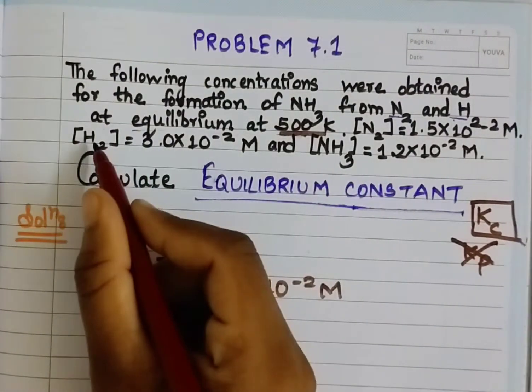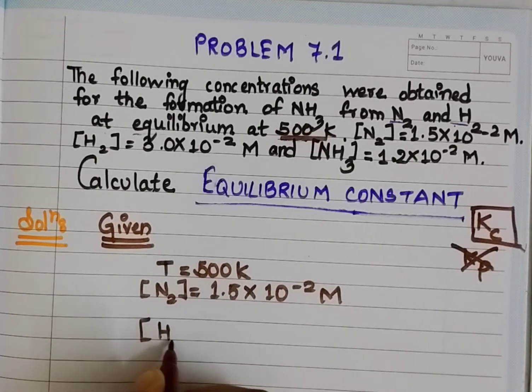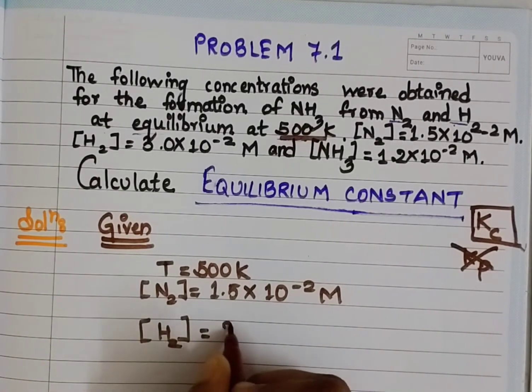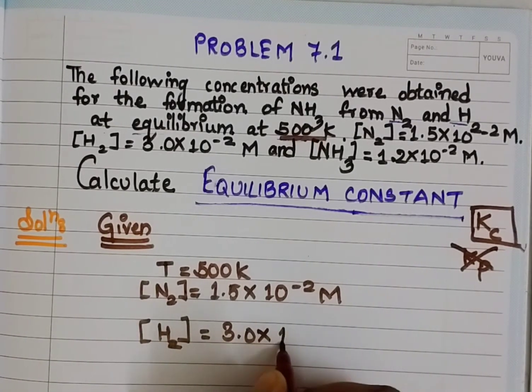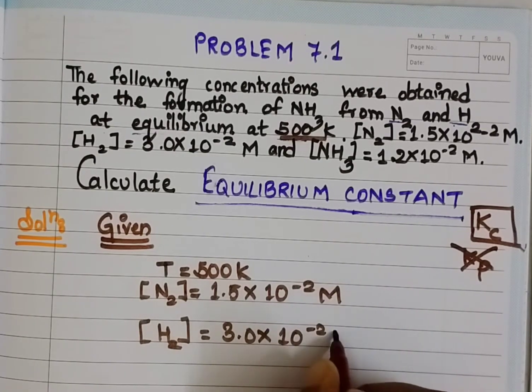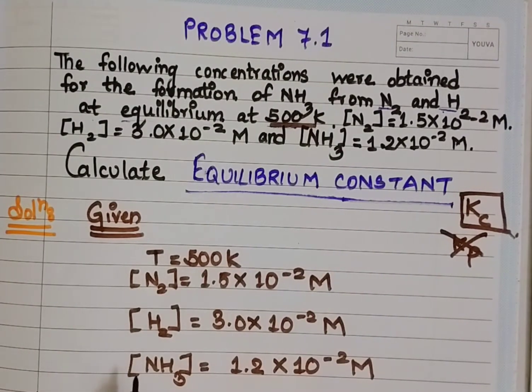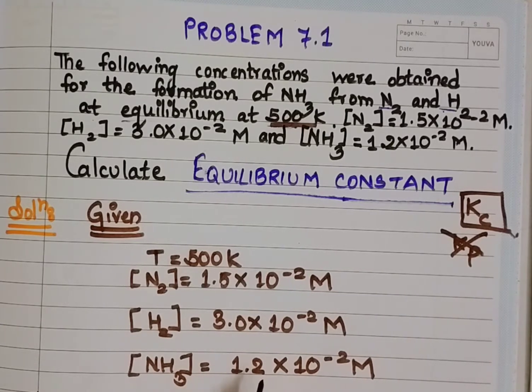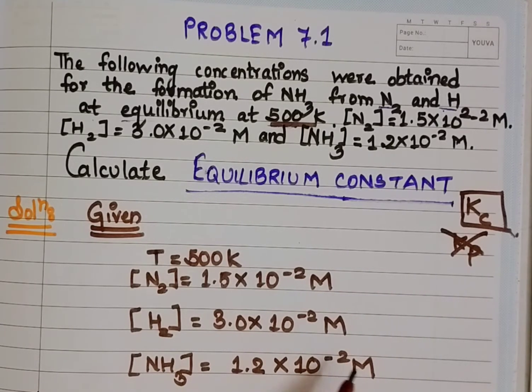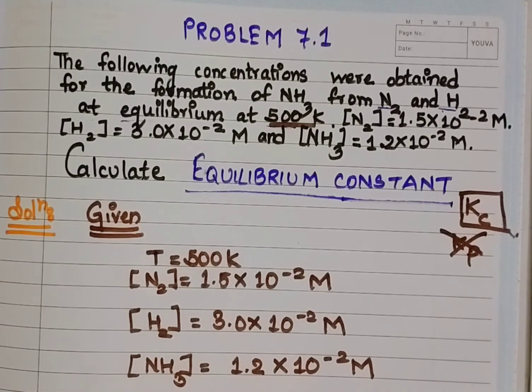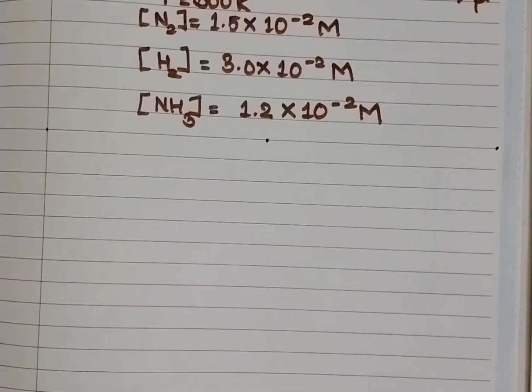The concentration of H2 we will write as 3.0 into 10 raised to the power minus 2 molar. And the concentration of NH3 is 1.2 into 10 raised to the power minus 2 molar. Now let's start solving the question.